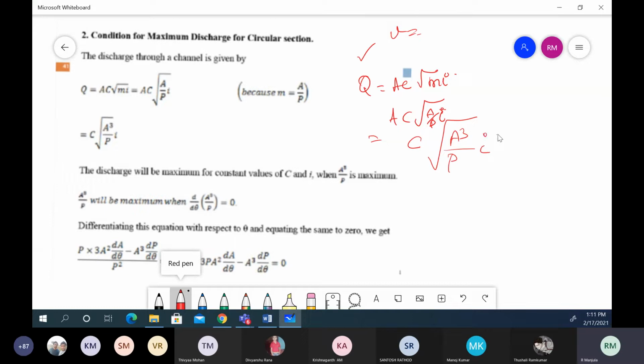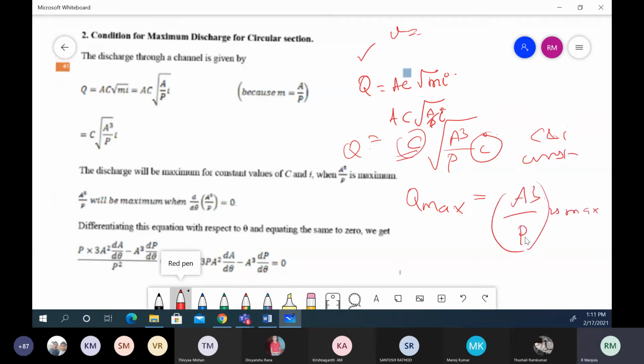Now, when will the discharge be maximum? For constant values of C and i, Q will be maximum when A cube by P is maximum. So when A cube by P is maximum, d by d theta of (A cube by P) is 0.